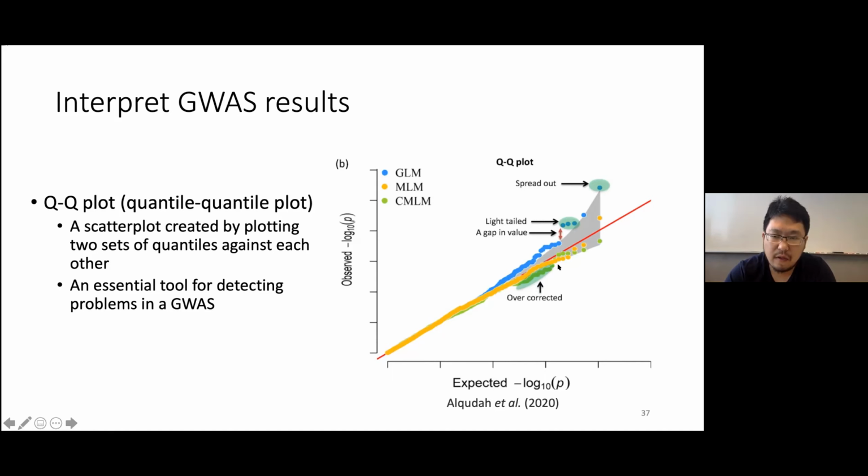And if you see the green dots below the red line here, it probably means that it's overcorrected, like you included too many covariates, or you don't have enough SNPs to cover the genome. It could be a lot of reasons. So the QQ plot is an essential tool for detecting problems in a GWAS.